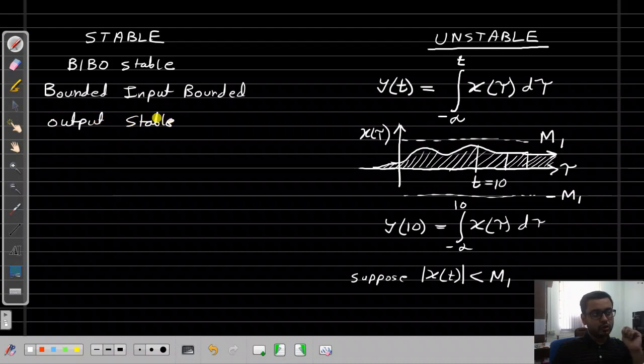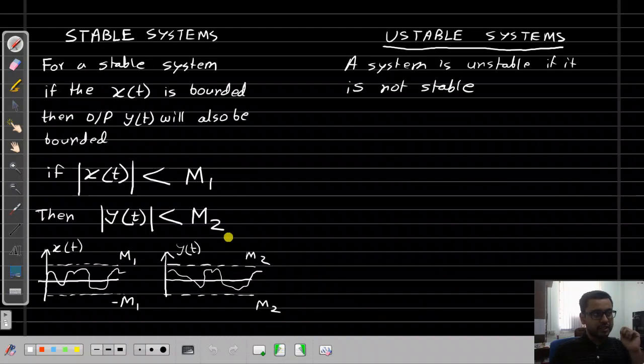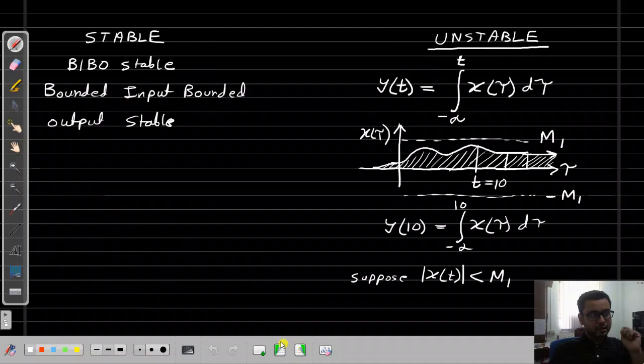Okay, so the definition of stability that we have given is for the notion of bounded input, bounded output stability.